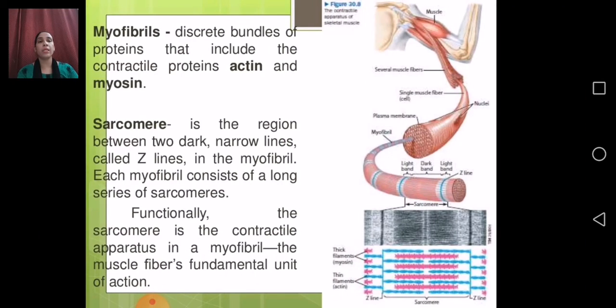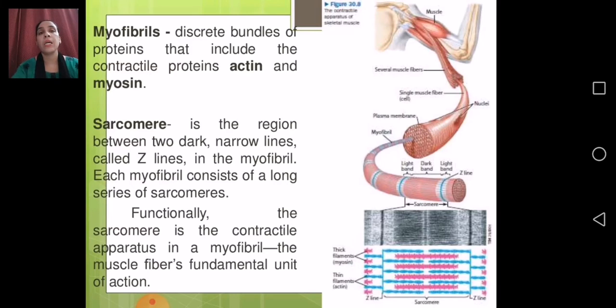Now here are a few more terms: discrete bundles of protein that include the contractile proteins, actin and myosin. You need not remember these, but you must remember that there are different discrete bundles of protein present, which include the contractile proteins actin and myosin.